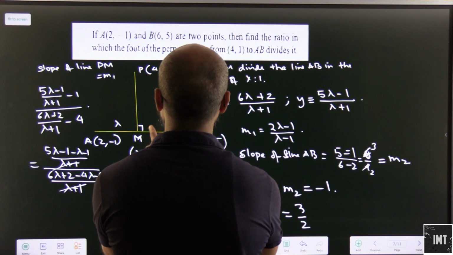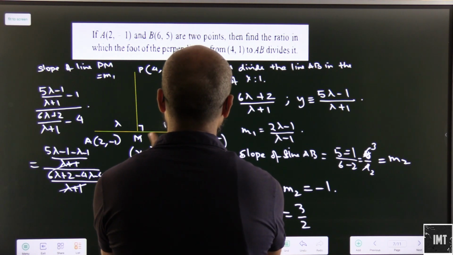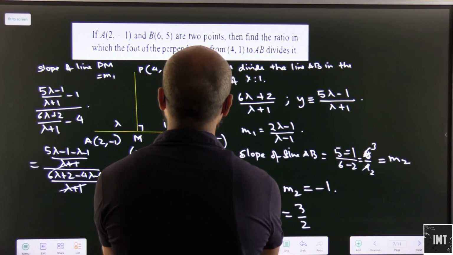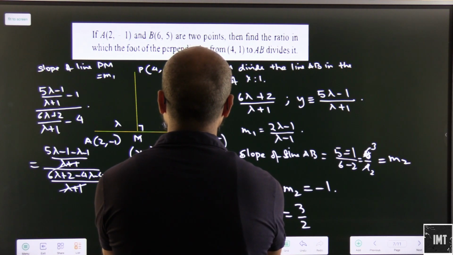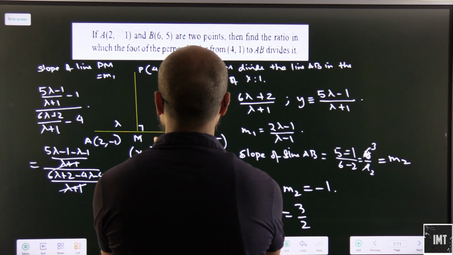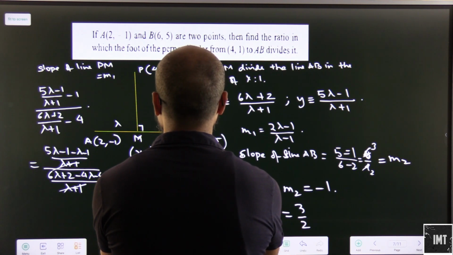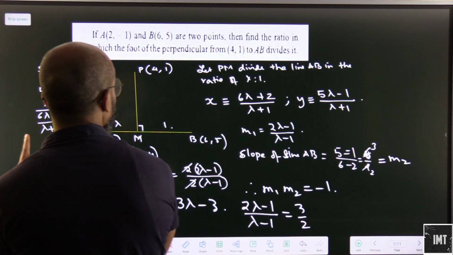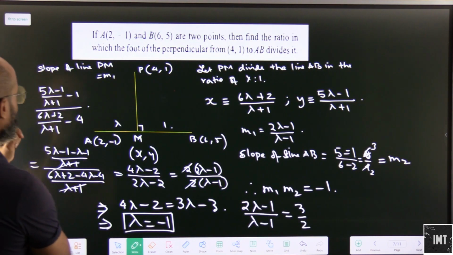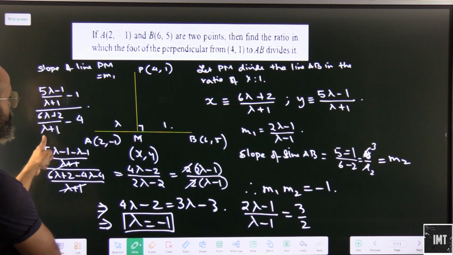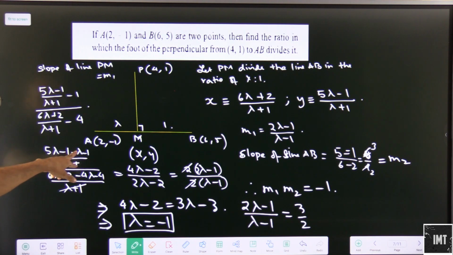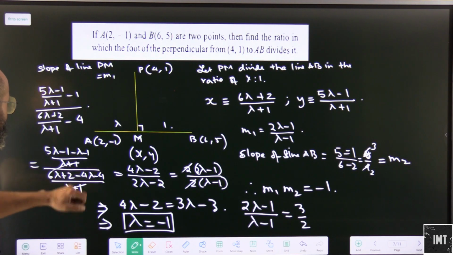Let me recheck. 6 lambda plus 2 upon lambda plus 1, and 5 lambda minus 1 upon lambda plus 1. So this will be 5 lambda minus 1 minus lambda minus 1 upon 6 lambda plus 2 minus 4 lambda minus 4.